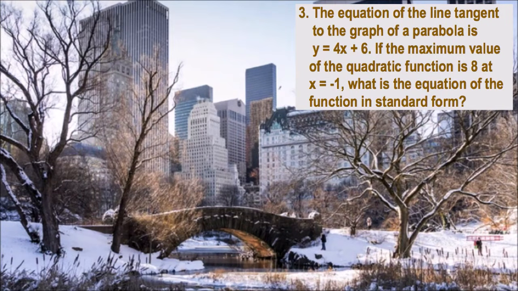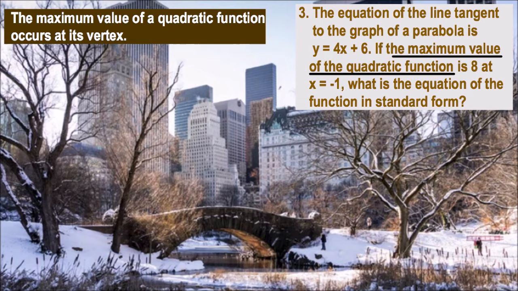Question 3. The equation of the line tangent to the graph of a parabola is y equals 4x plus 6. If the maximum value of the quadratic function is 8 at x equals -1, what is the equation of the function in standard form? The maximum value of a quadratic function occurs at its vertex.